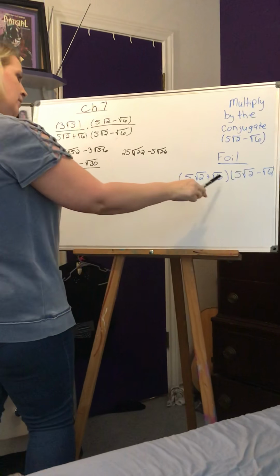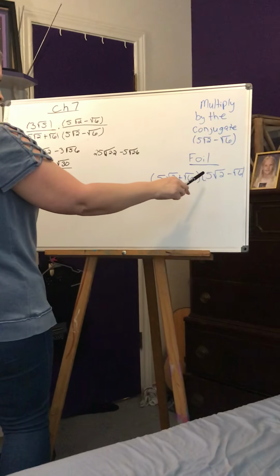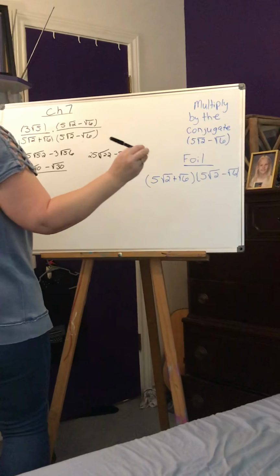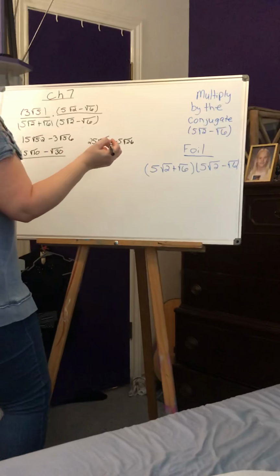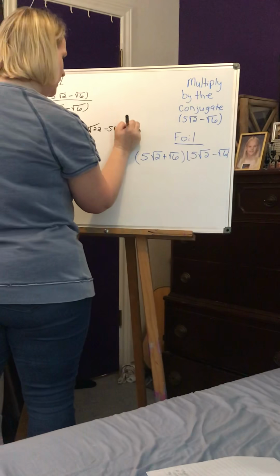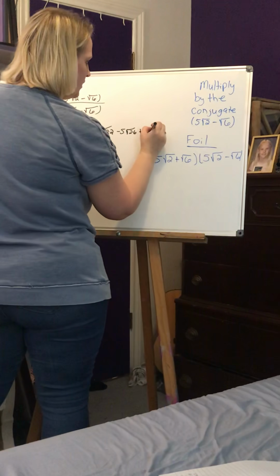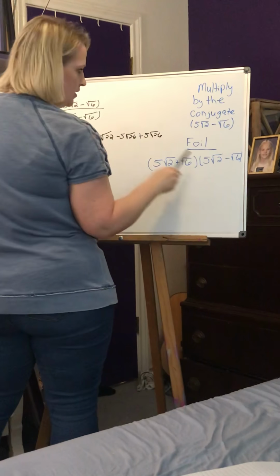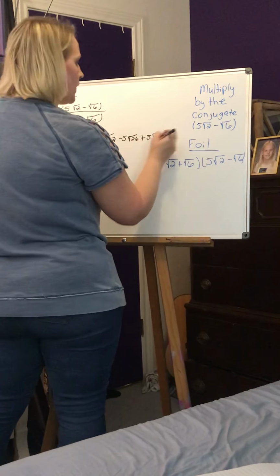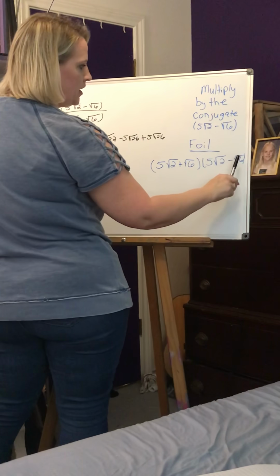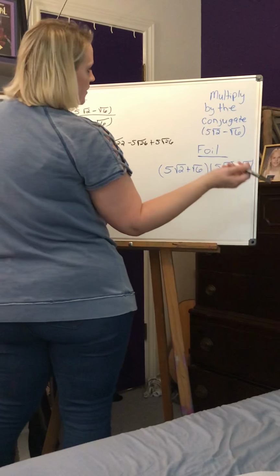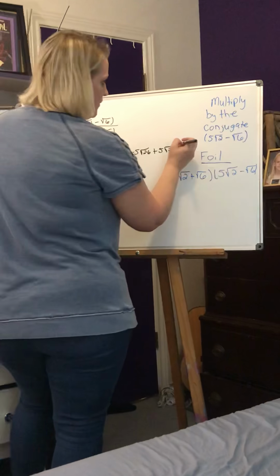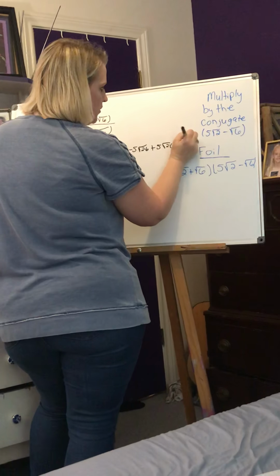And then we have √6 times 5√2, and that is going to give us plus 5 √(2 times 6), because we have 2 times 6. And then we have √6 times the negative √6, which will give us negative √(6 times 6).